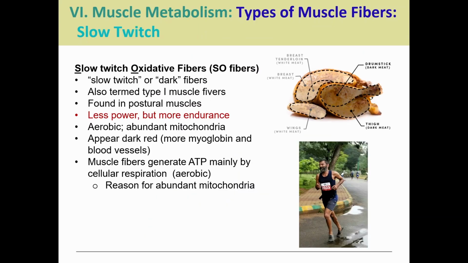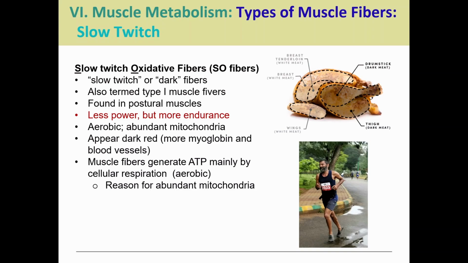So again, slow twitch fibers are also called type 1 muscle fibers. They don't have as much power, but they can endure for a long time, so they can sustain that contraction. They can contract over and over again without fatigue setting in as much. They can do that because they rely on aerobic respiration, which produces a lot of ATP per individual glucose molecule, and they have a lot of mitochondria to do it.